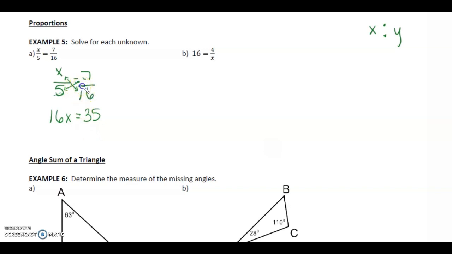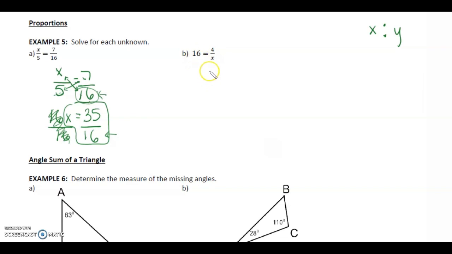Okay, but here's the thing, this 16 in the denominator, we want x by itself. So then we're going to have to divide both sides by 16 anyways, getting rid of these. So x equals 35 over 16. Okay, we could have just left that 16 in the denominator. Either way you want to do it, it's totally fine.